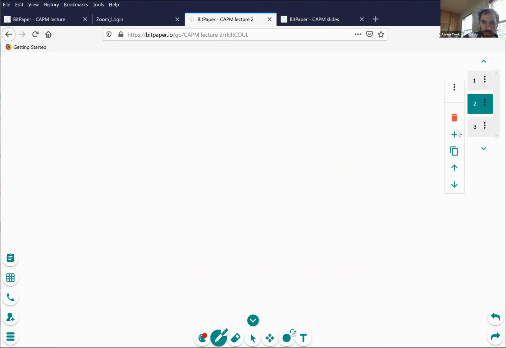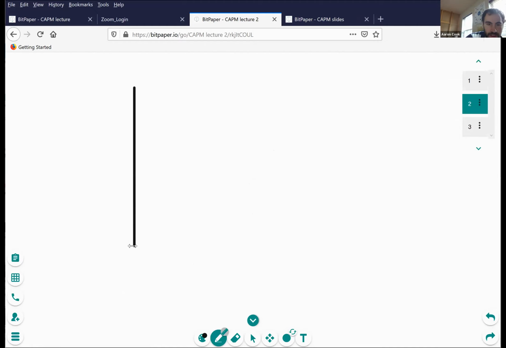So essentially, we were combining... Let me try to make a graph. We've got some kind of combination of risky assets. We have some asset.